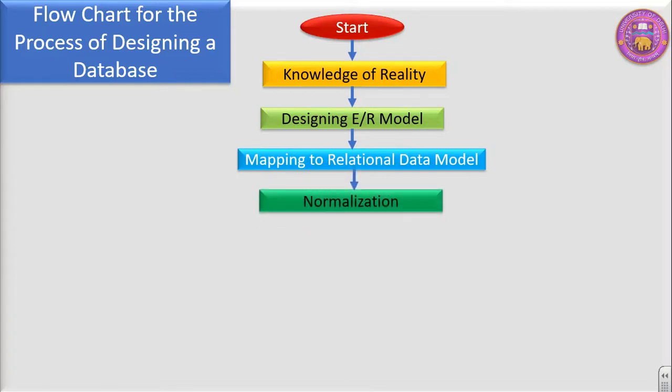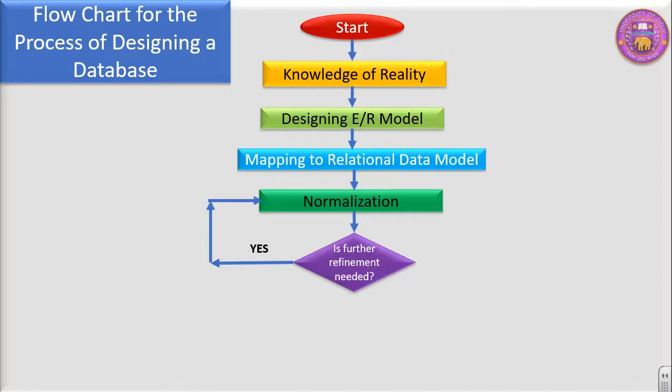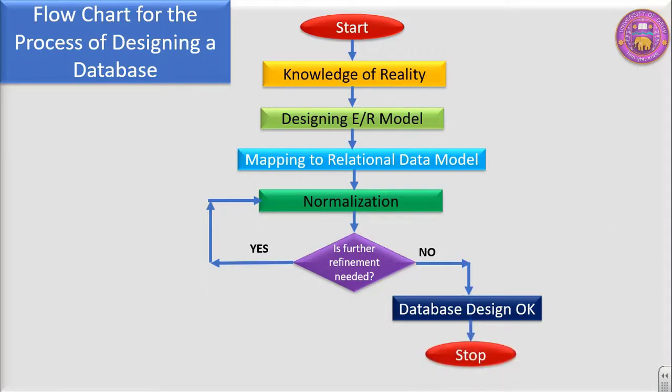The fourth step is normalization. Then we will ask a question: is further refinement needed? If the answer is yes, then again we will go back to normalization. We will further refine it. If the answer is no, in that case no further refinement is required, then the database design is okay. Now stop. The moment we cover all these steps, we say that the database has been designed.